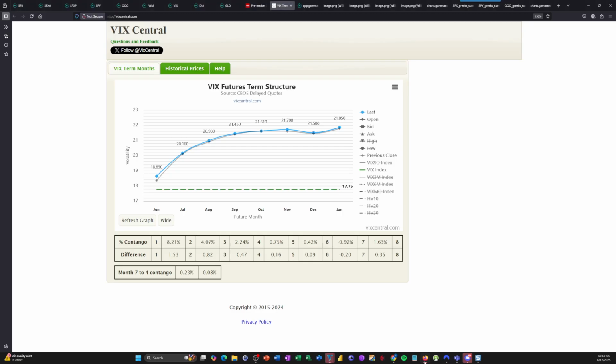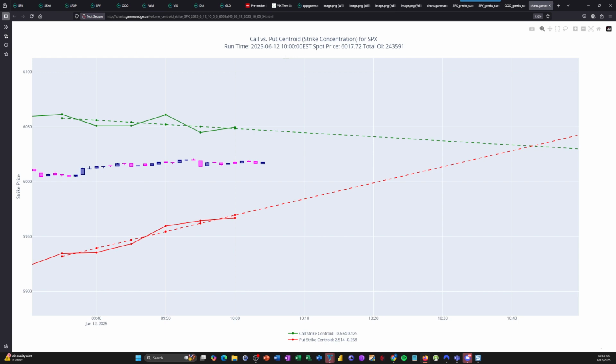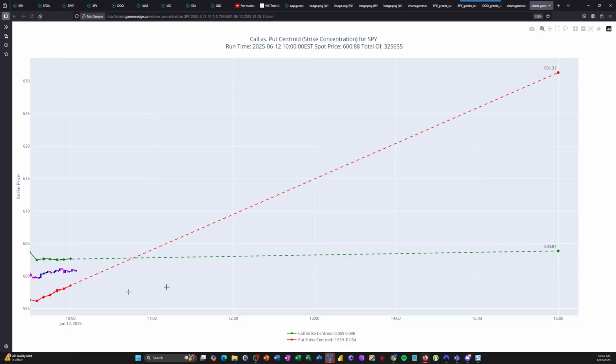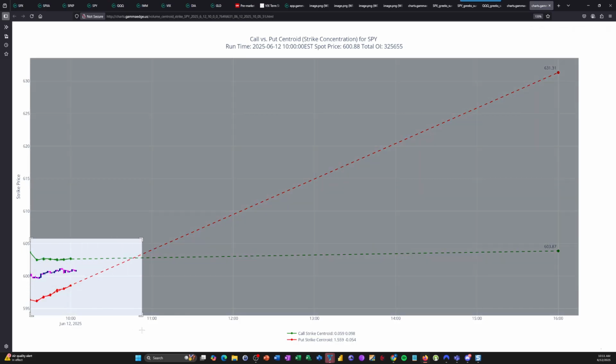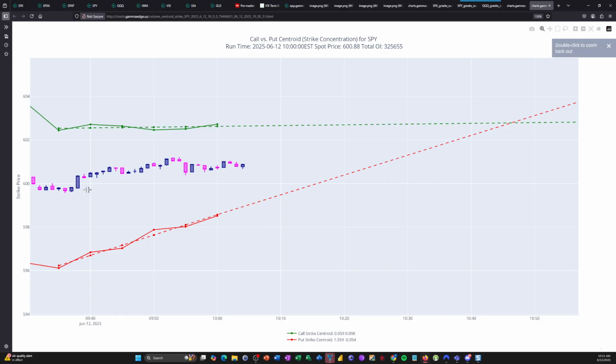Second criteria was the vol M, and basically I just had the SPX here. Let's go look at vol M for the SPY while we're here. Kind of the same thing, maybe a little more bullish. I mean, don't pull out your magnifying glass, but the trend is up.